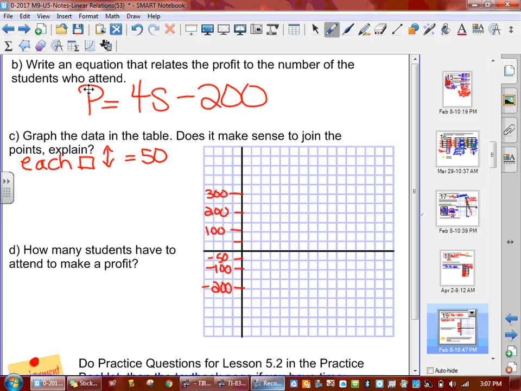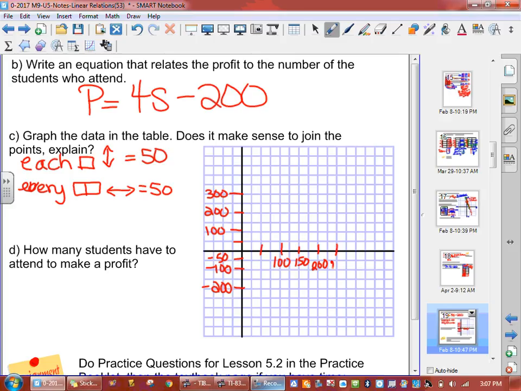So I got 50 there, there's 100, 150, 200, 250, 300. Try to make sure you have your legends correct. I'll give you a minute to write that down. Push pause now and play when you're ready.